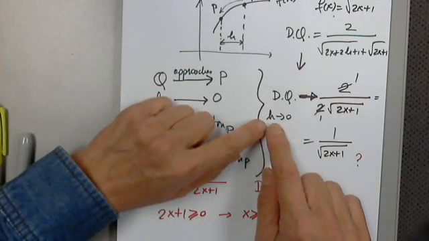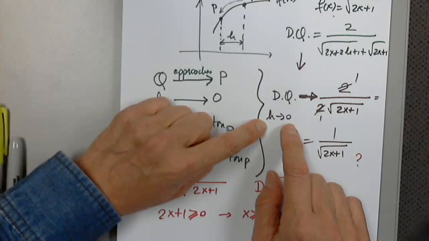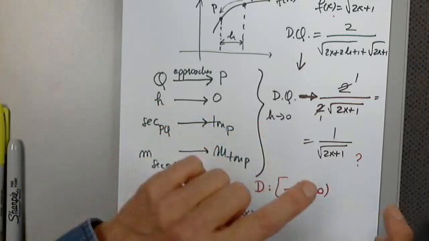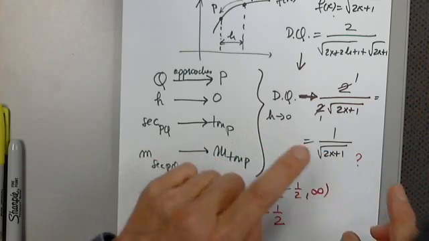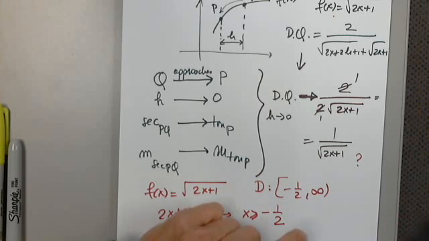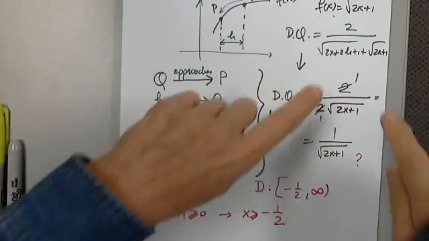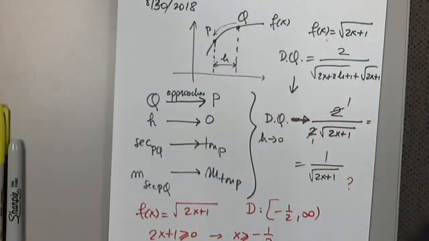I said that h approaches 0, so I kind of have only 1 point now. What will this represent in that case? When h approaches 0, what will this give? It will give the slope of the tangent line to the graph of this function. At which point?